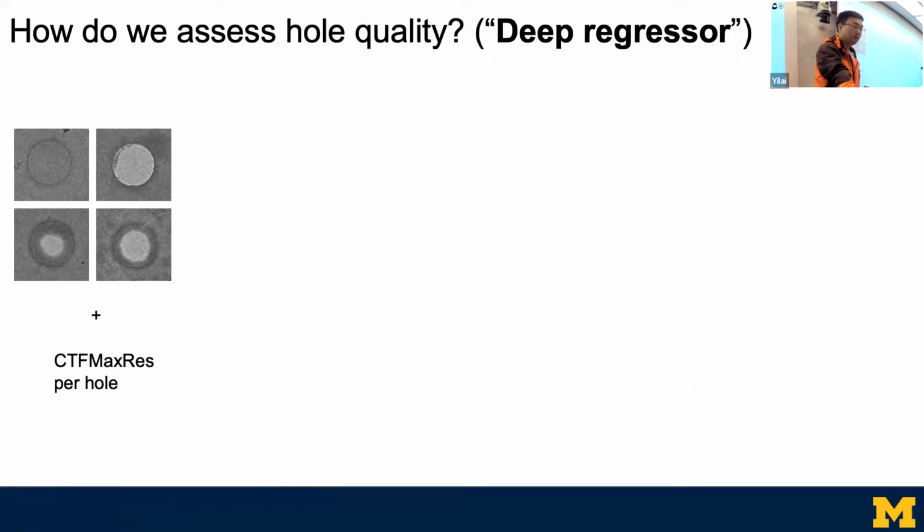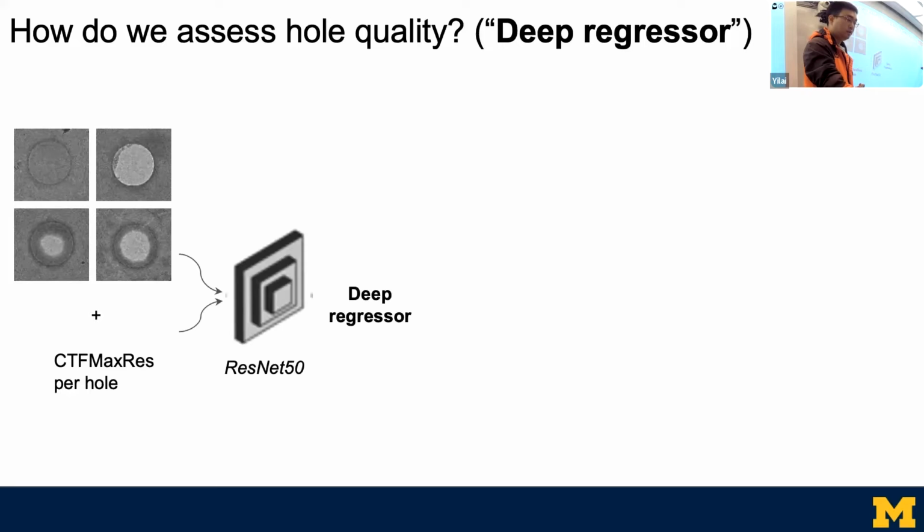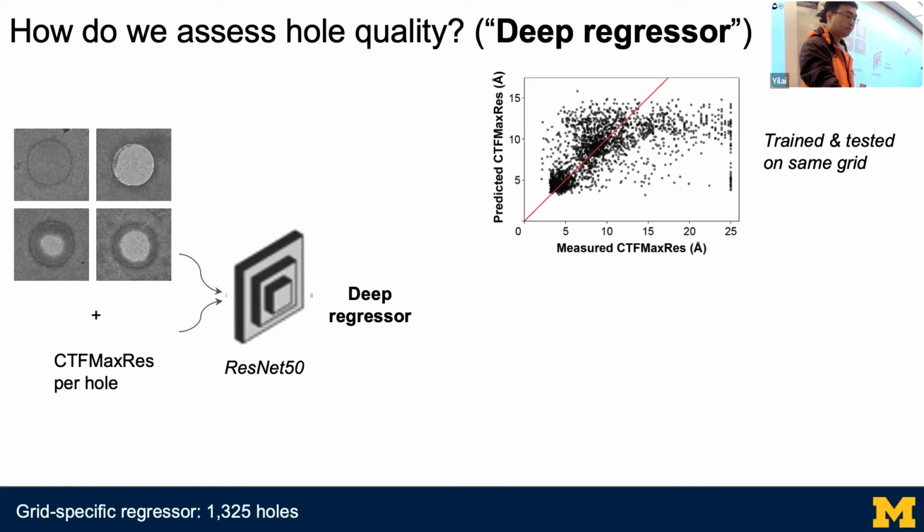Next question is how do we assess hole quality? And the answer is we use a CNN-based, ResNet-based deep regressor to do that. So we take all the hole images combined with a ground truth CTF resolution and train a deep regressor based on that. In the following experiments, we use 2 different regressors.